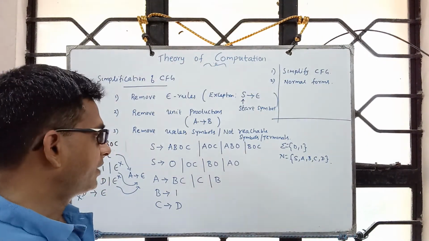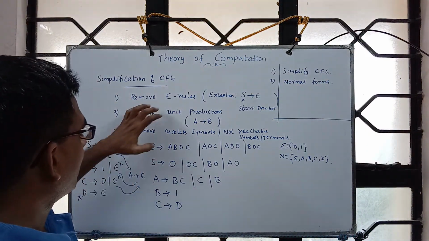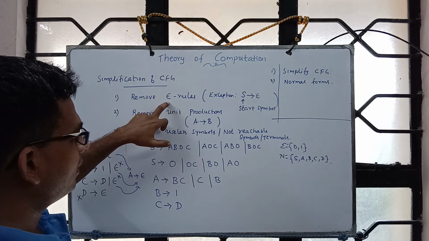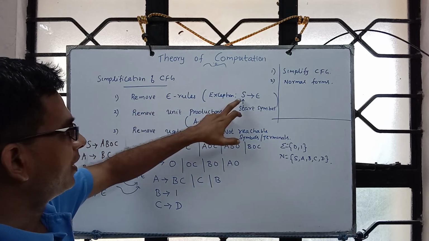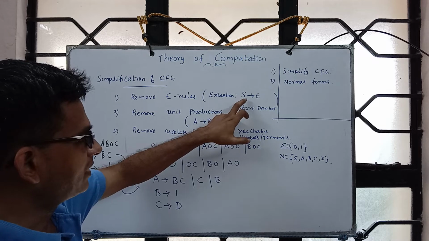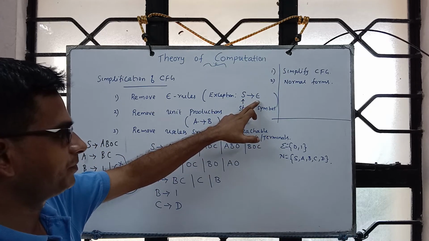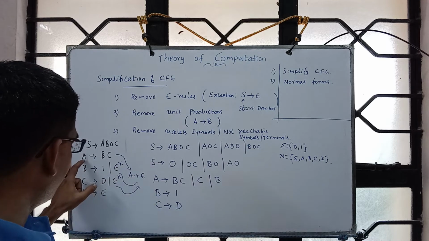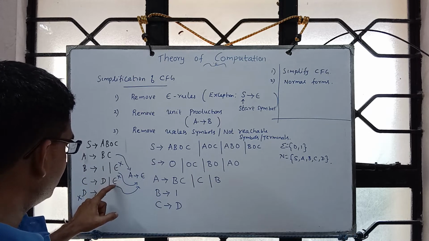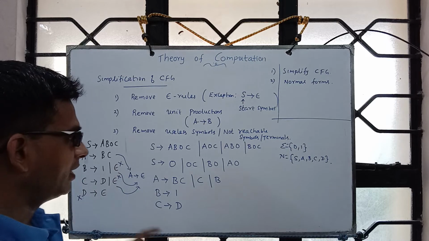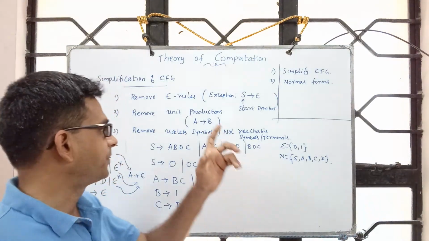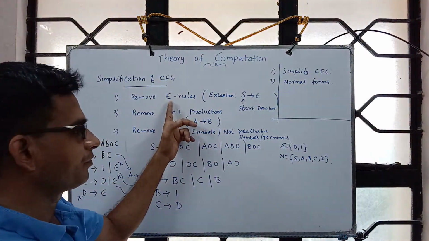Fine. So the idea is the following. As part of the remove epsilon rules, leave the start symbol. If the start symbol says S → epsilon, that should be preserved because epsilon is part of the language. If you find any other non-terminal generating epsilon, then that should be removed as part of this step.